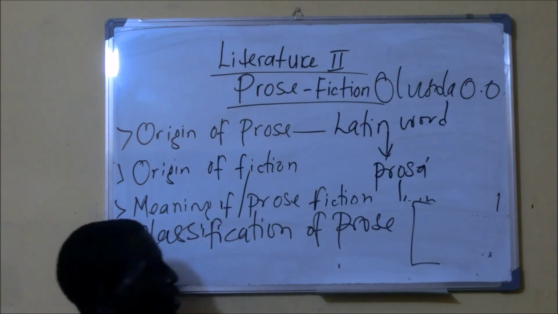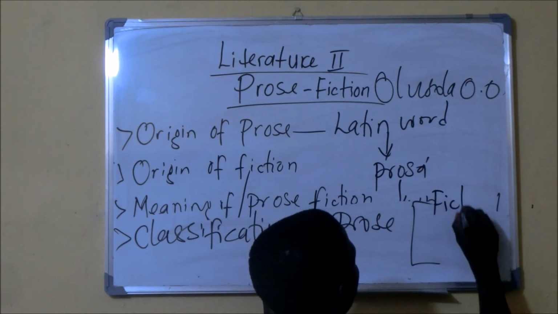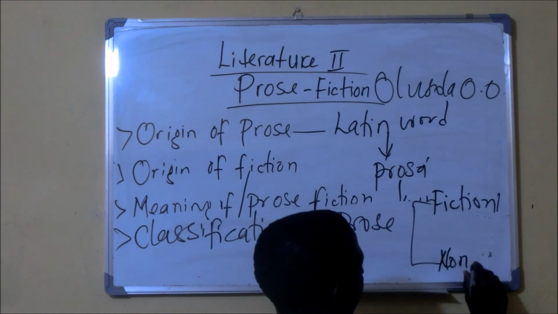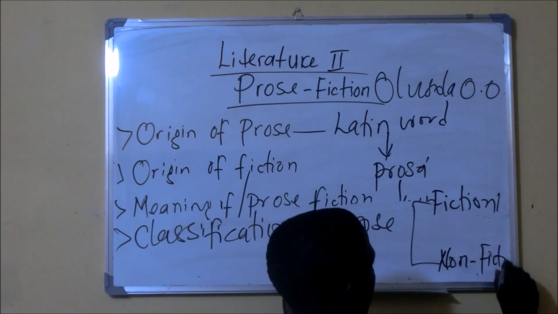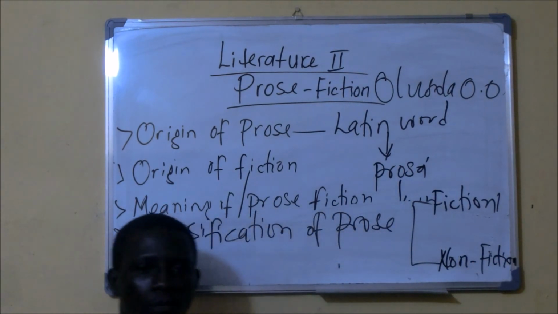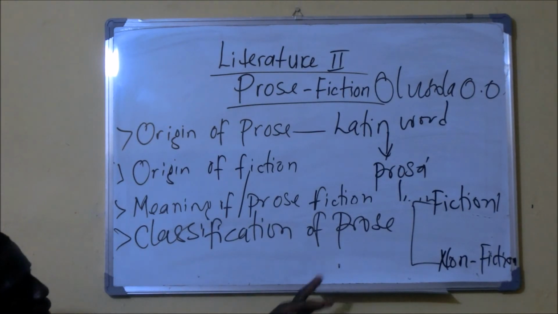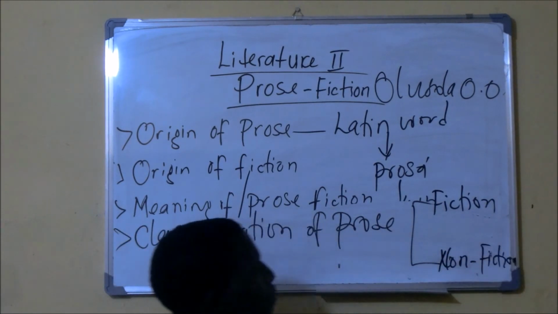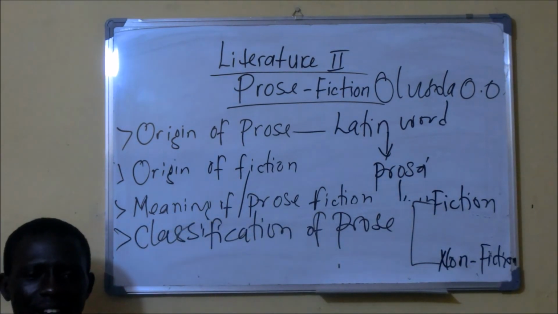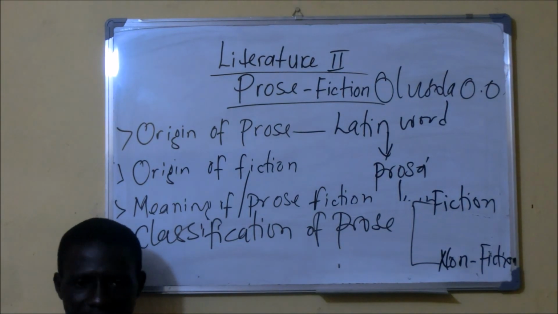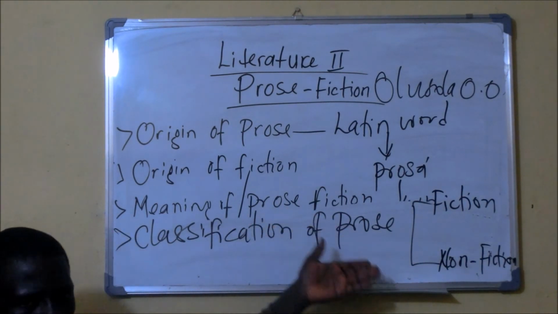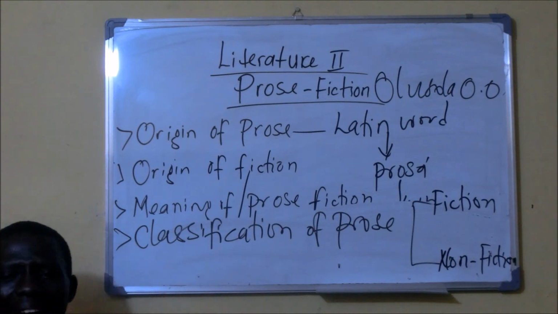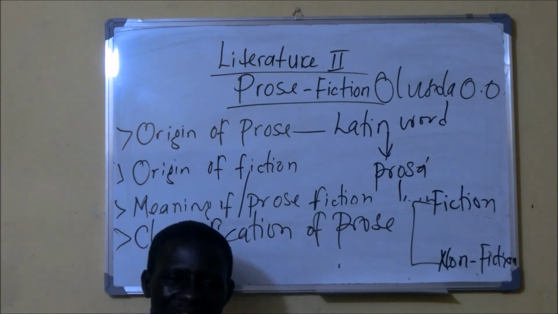Basically, we have what we call fiction and we have what we call non-fiction. Fiction simply means all artistic work or prose work that is written from the power of imagination of the writer.